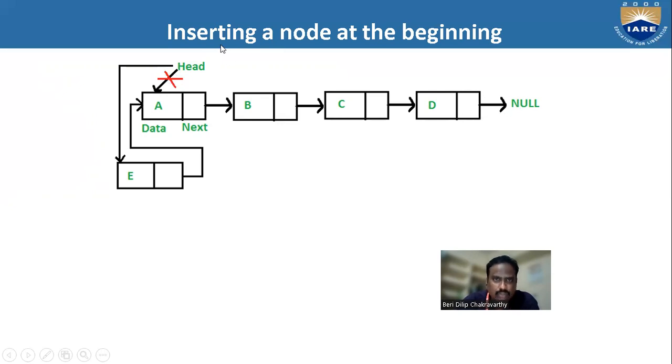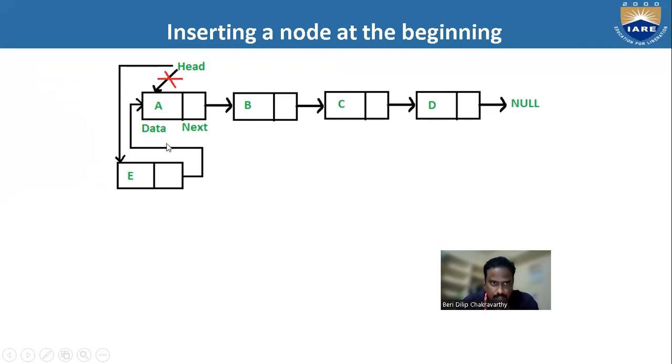Now my aim is to insert a node at the beginning, that means before A. For that purpose, first I should break the link between the head and the first node. I'll take the new node which I need to insert, so that head is pointed to the new node now.